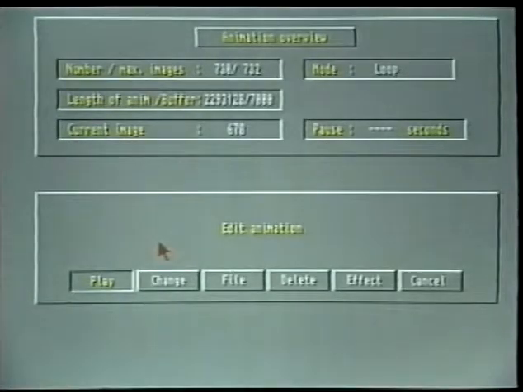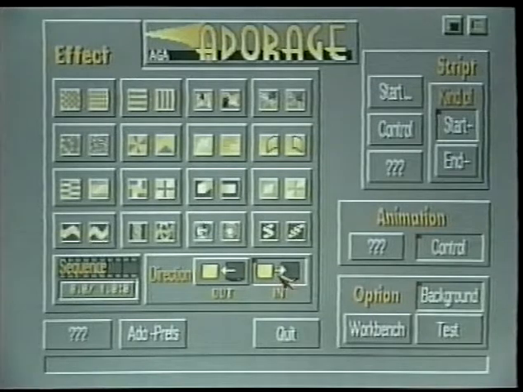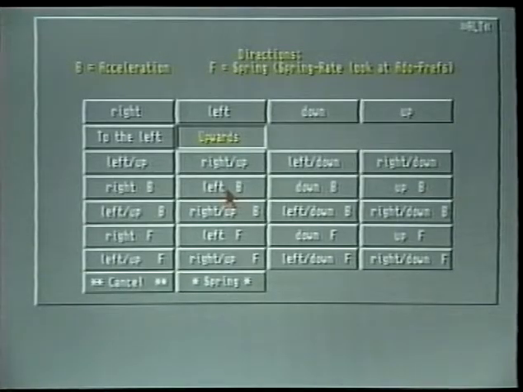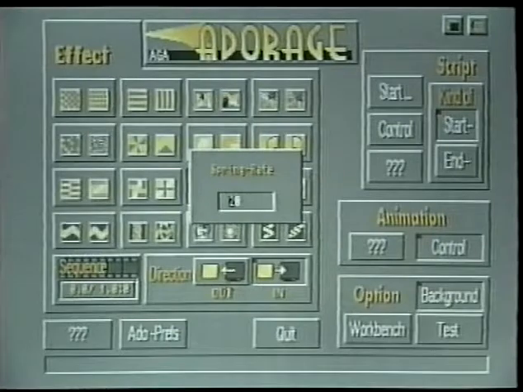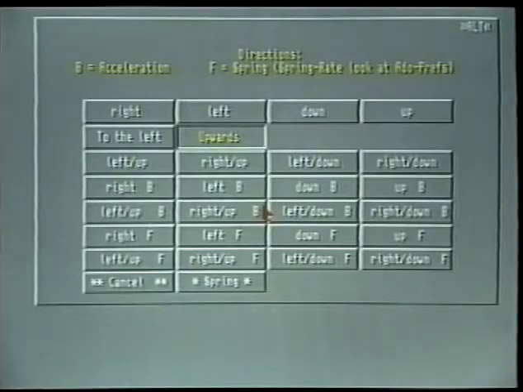Now text will be added to the plain screen using the scroll effect. I select In Effect, Scroll Effect, and I'm setting the spring value to 20. And choosing a right up F setting.